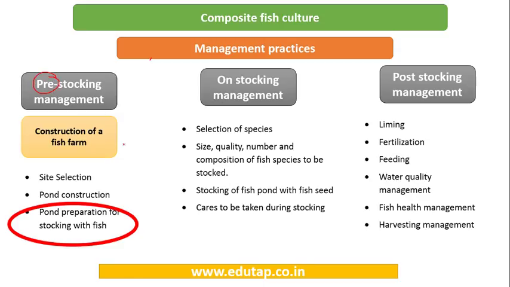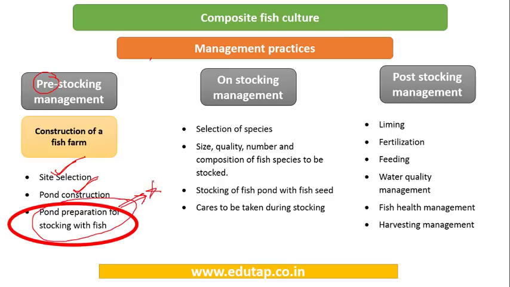Once I am ready for culturing fishes, what will I do? I will look for a site. Then I will construct the pond. Now we have understood the parameters that need to be kept in mind while constructing a pond, right? After that, we are going to prepare the pond because I am going to stock my fish in it, right? So this particular aspect, let us start with it today.